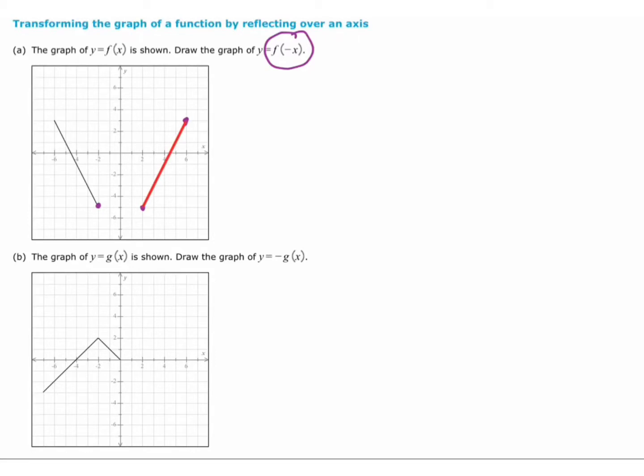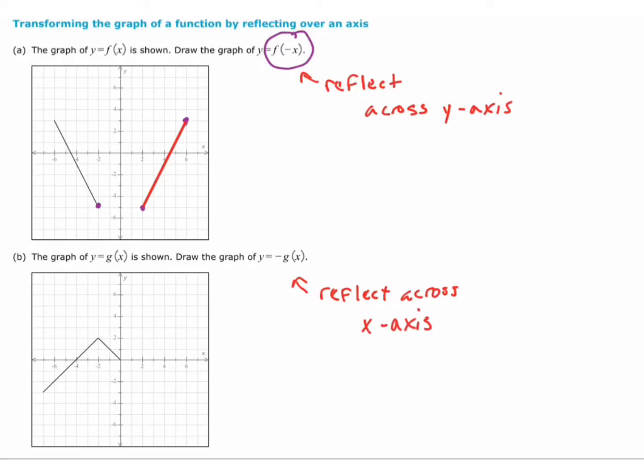In the second problem, the graph of y equals g of x is shown. Draw the graph of y equals negative g of x. Since this negative is outside, being applied to all of g of x, we're essentially seeing a reflection across the x-axis because we're changing the y value signs. So we're going to reflect across the x-axis.